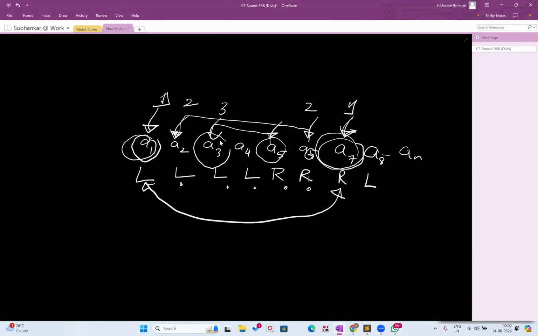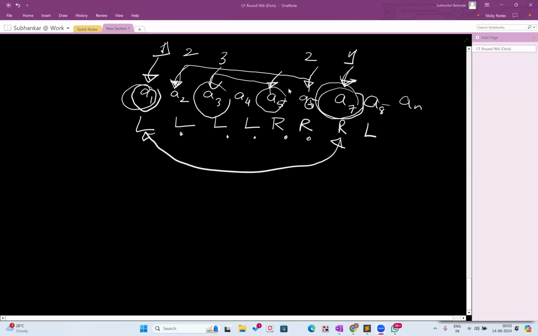Otherwise, if we consider the outward part or the larger indexes first, then we cannot go inwards. So, did you get it? Whoever was asking. Yes. Okay.